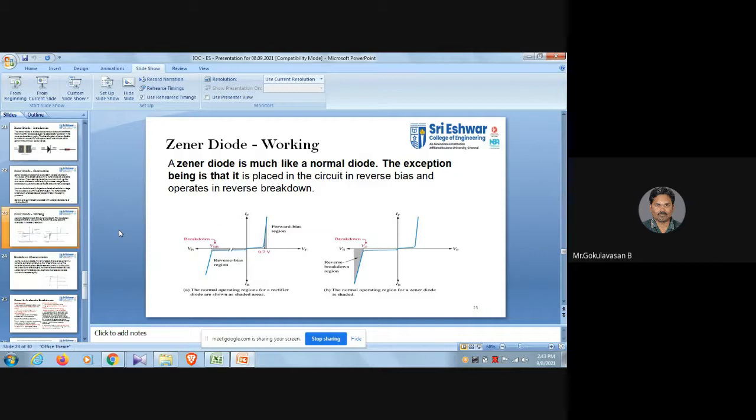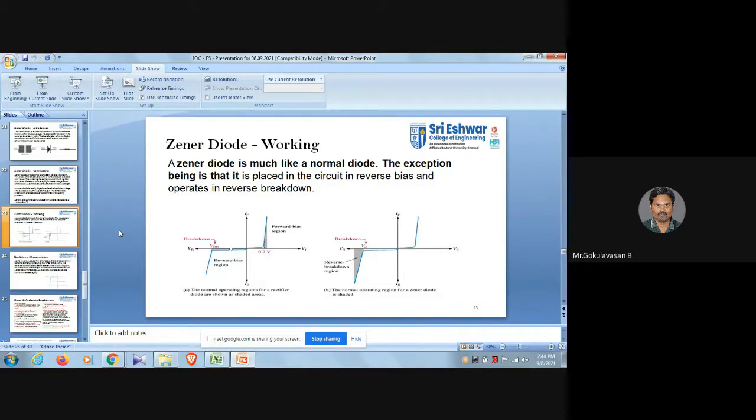See, the diagram shown as subdivision B is the actual characteristics of a Zener diode. There is a small gap from the origin until the reverse breakdown region, or VZ, is reached. But for a PN junction diode, that gap won't come.